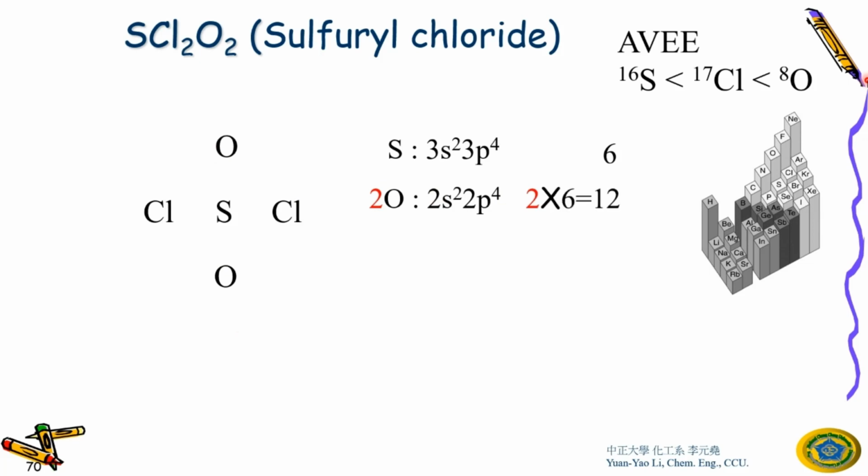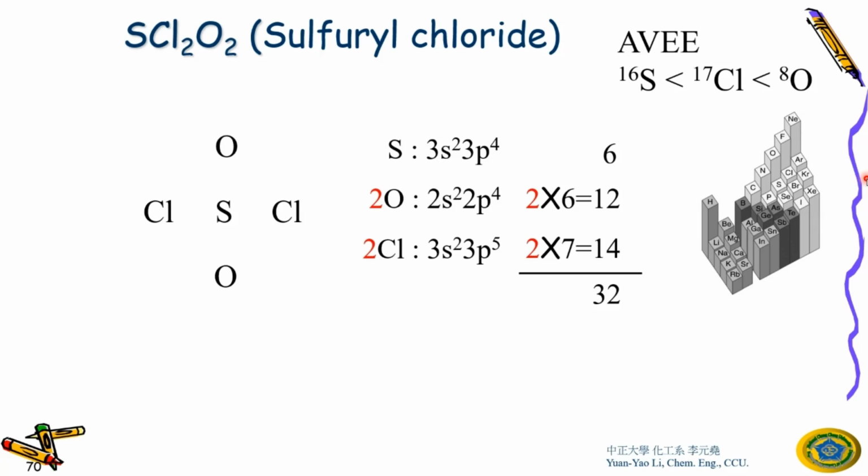There are 12 valence electrons. And chlorine, you have 7 valence electrons, and again you have 2 atoms, so that will be 14 valence electrons. You add this up, and that will be a total of 32 valence electrons.